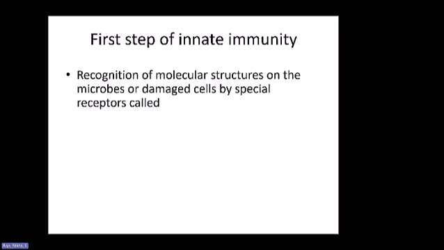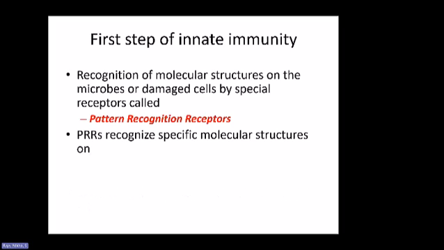What are these receptors called? Anyone? PRRs. Pattern recognition receptors, PRRs. There are multiple types of pattern recognition receptors, and their job is to recognize the specific molecular structures on microbes or on the damaged cells.